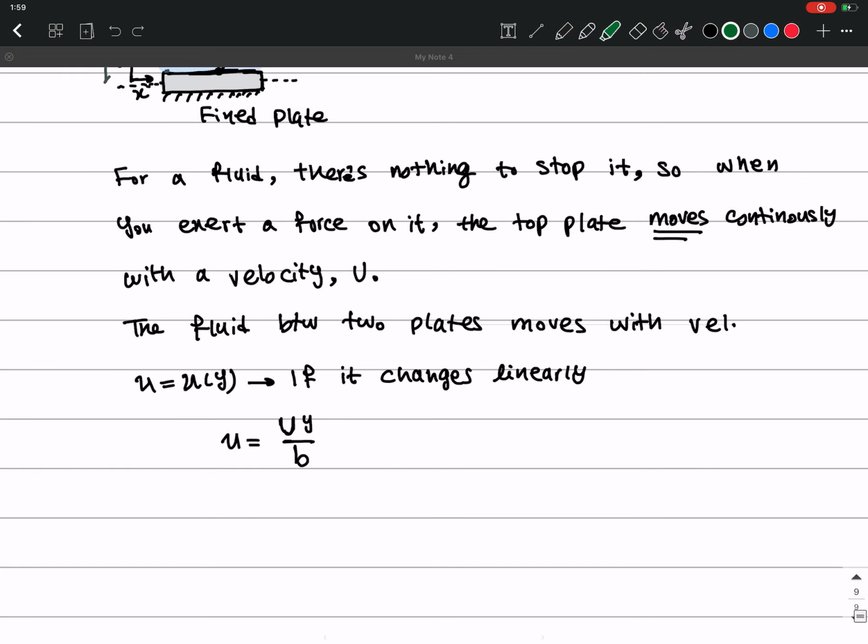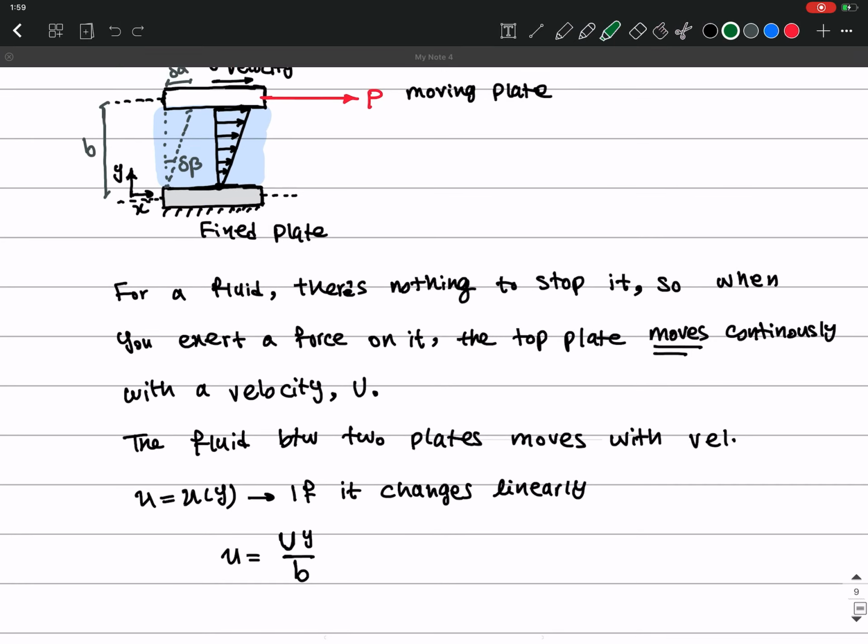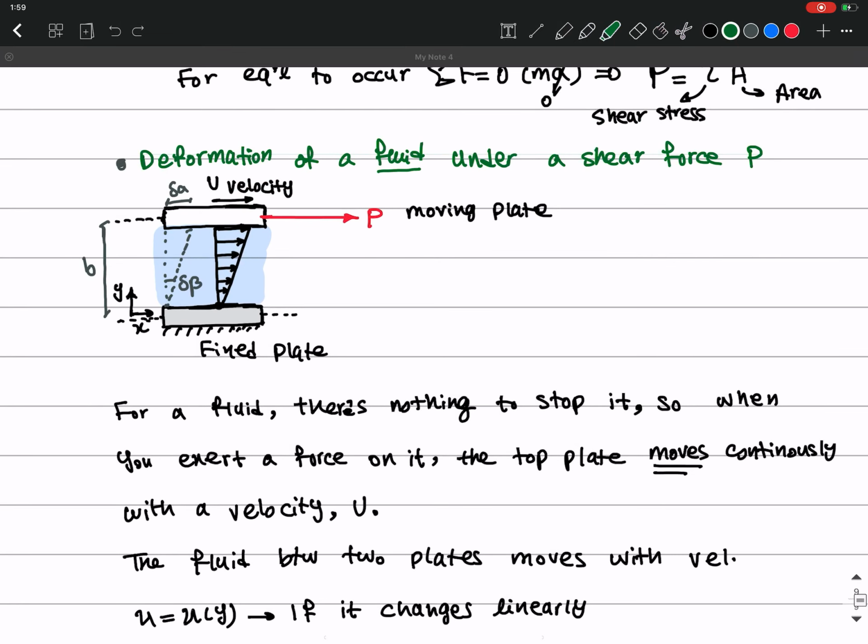Okay? And so in the next lecture, I'm going to use this and continue on this deformation of a fluid under a shear force P, and then define the velocity gradient, because as you can see, this is going to create a velocity gradient in the y direction.